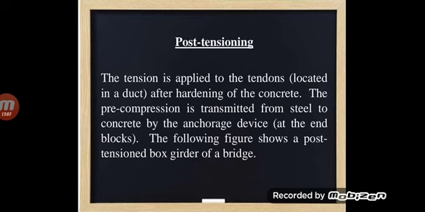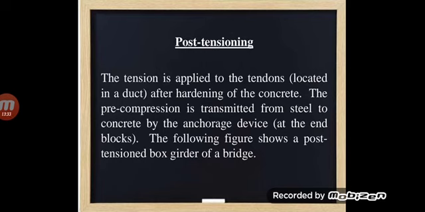In the post-tensioning system, when we pour the concrete, we will leave a duct in the mold for placing the pre-stressing tendons. Then we will pour the concrete and let it harden. After hardening, we will insert the pre-stressing tendon or cable inside the duct which we left.